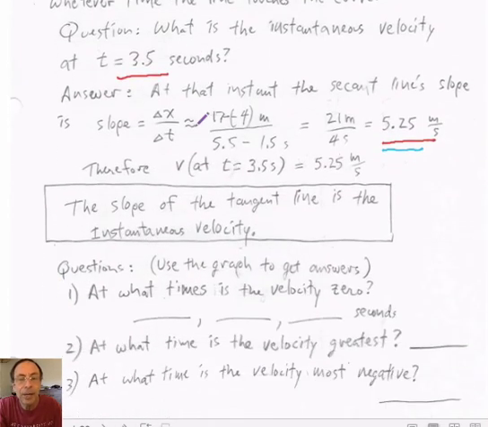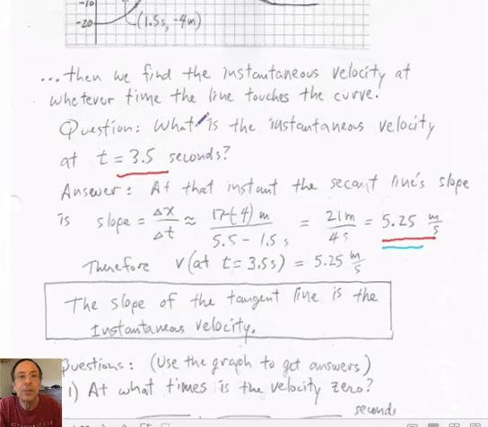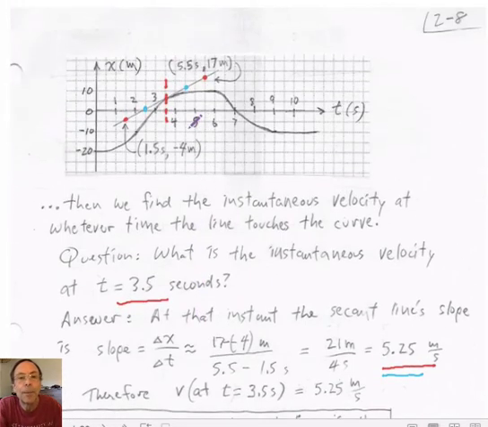And at what time is the velocity greatest? Most positive, let's say. Well, it's going to be where the slope is the steepest. Where would you say that is? Maybe at 2.5 seconds here is the steepest slope, or maybe at 3. It's a little hard to tell.